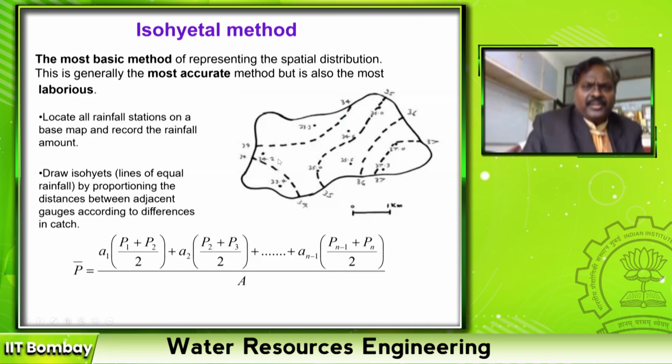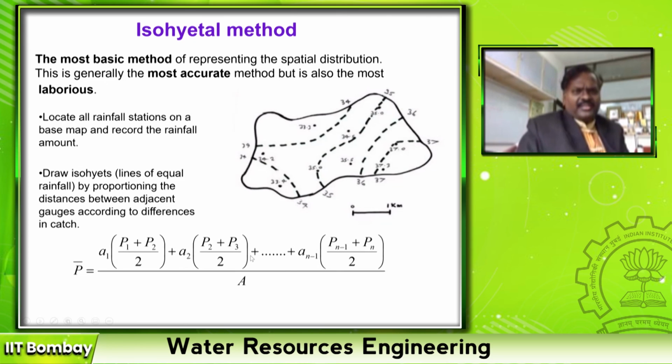For example, this area is represented with 3 rainfall. Then take the average of this 3 rainfall and multiply it with this area. I think you know how to measure the area on a graph sheet. You can use graph paper or you can use a planimeter. Then the average rainfall is area into that rainfall divided by the total area of the basin.